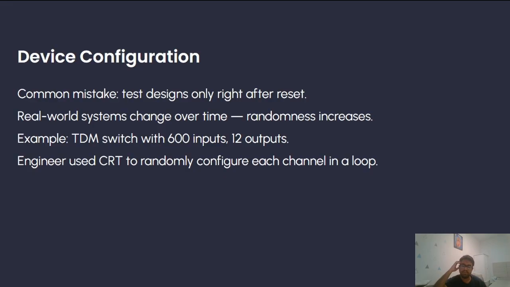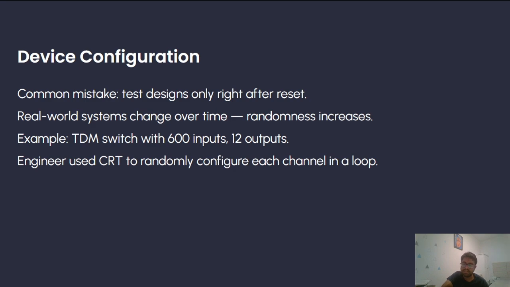Device configuration. One reason bugs are missed is most tests assume the design stays in a known state, but a real system changes dynamically. For instance, a time division switch had many channels turning on and off constantly.